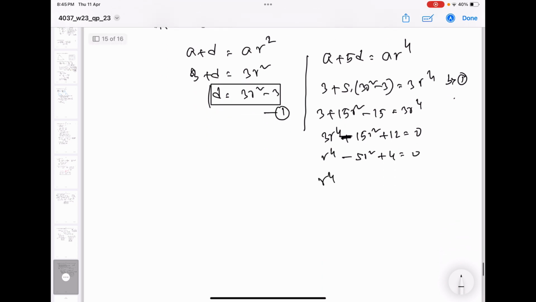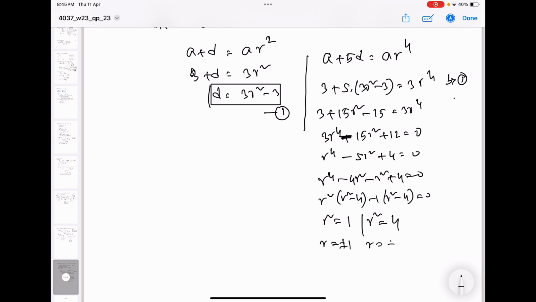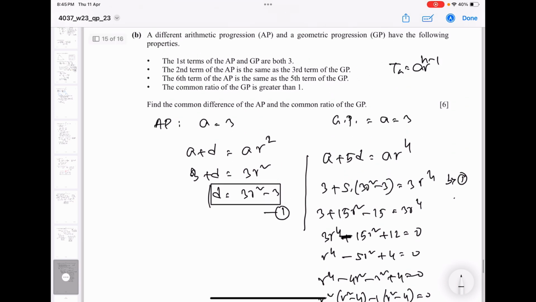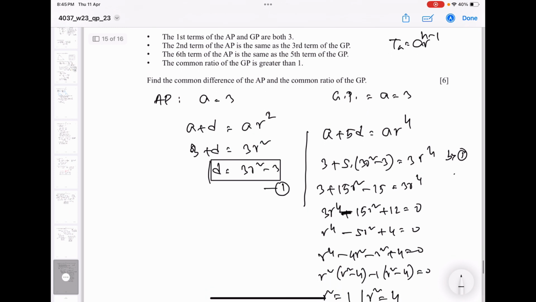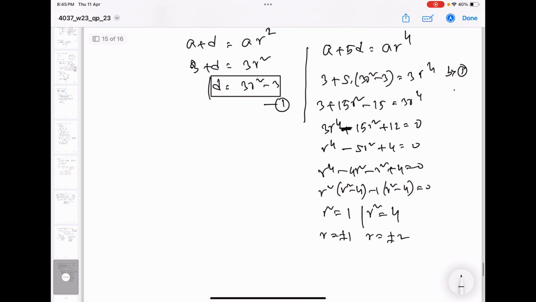So r to the power 4 minus 4 r square minus r square plus 4 equals 0. r square is common, r square minus 4, and 1 is common, r square minus 4 equals 0. So r square equals 1 and r square equals 4. So r equals plus minus 1, r equals plus minus 2. The common ratio of GP is greater than 1, so r will be 2.